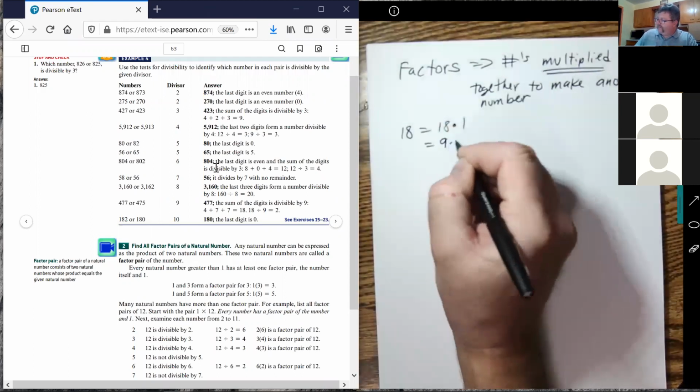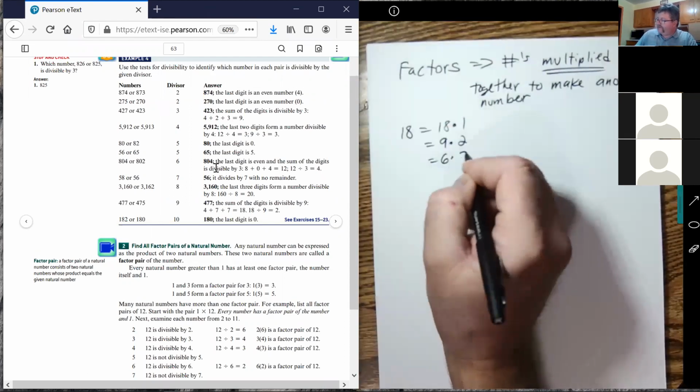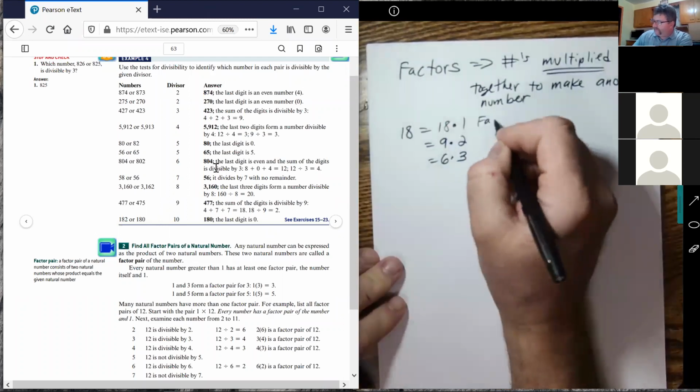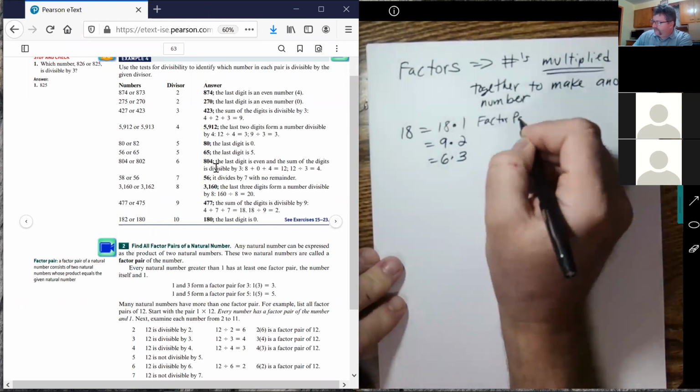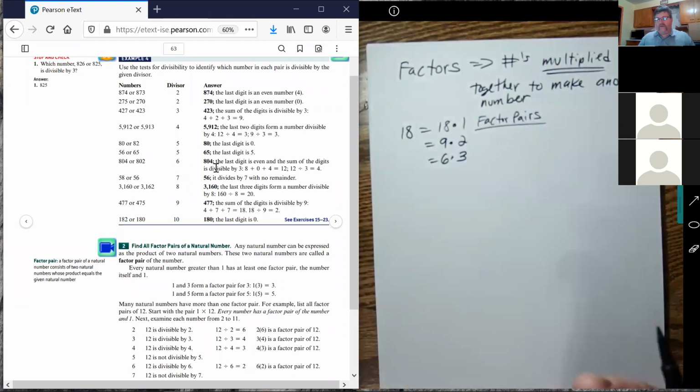And 9 times 2 is 18. And 6 times 3 is 18, right? There's 3 possibilities here. These are what we call factor pairs. Okay, pair because there's 2 of them, and they're factors.